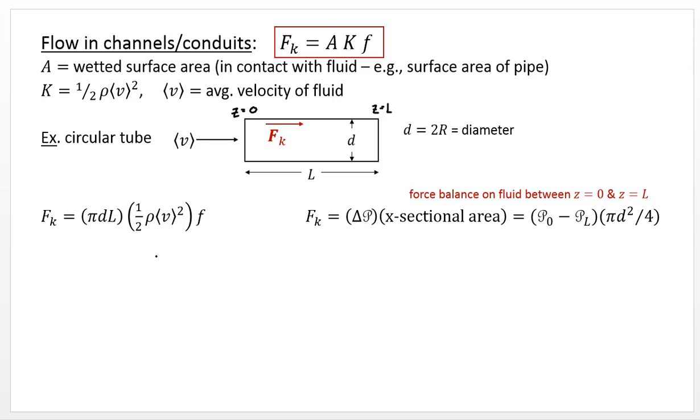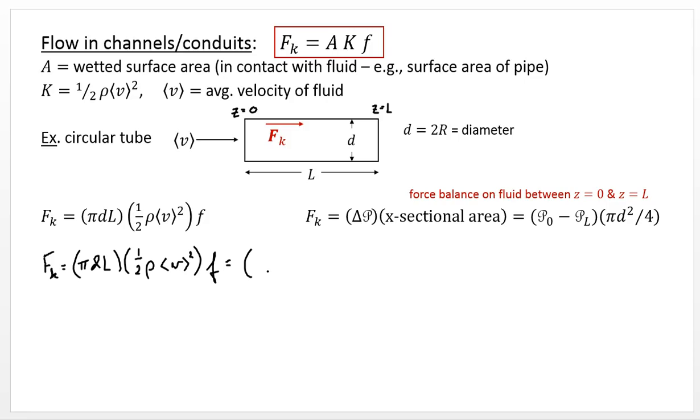And so what we get is that Fk, which we have here, is equal to pi dL multiplied by 1/2 rho times the average velocity squared times f, and that's equal to what we have on the right.